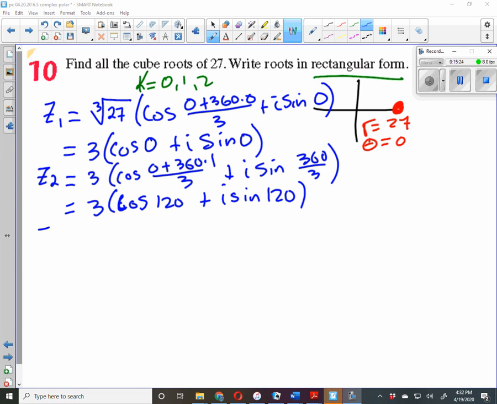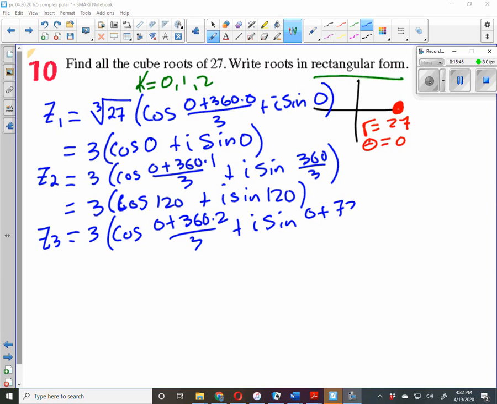Let's go one more z here. Z3 is equal to the cube root of 27, which is 3, cosine of (0 plus 360 times 2) over 3, plus i sine of (0 plus 720), right? 360 times 2 is 720, over 3.